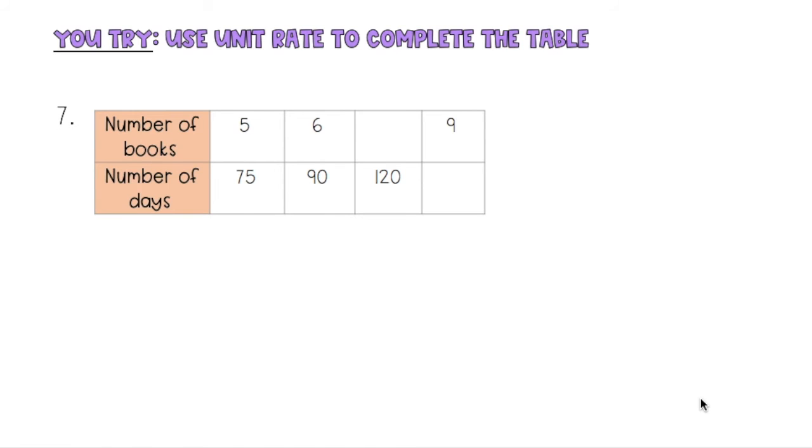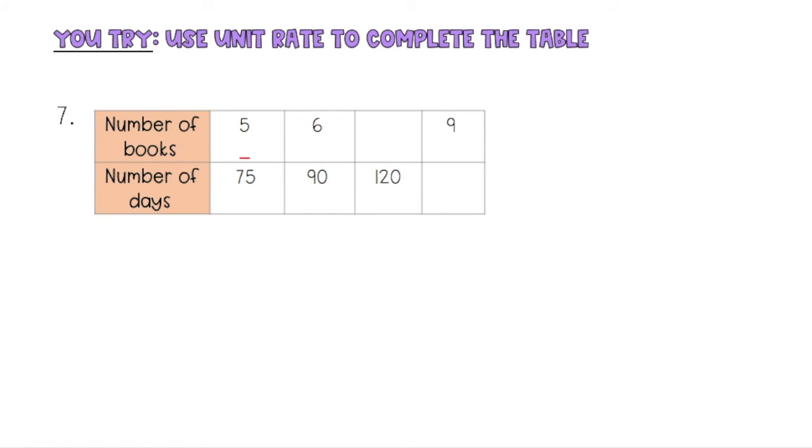Now you try. Use unit rate to complete the table. So here, what I notice is what we are multiplying by. And you can write out on the side if you need to do the math.